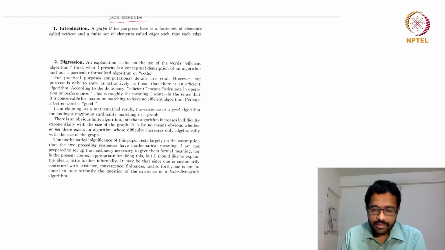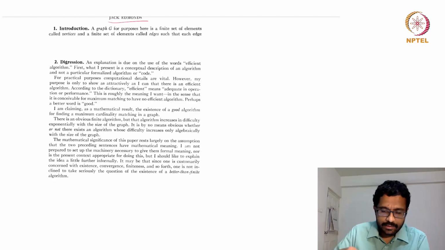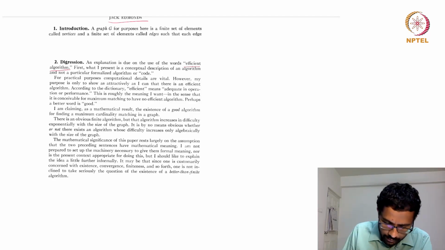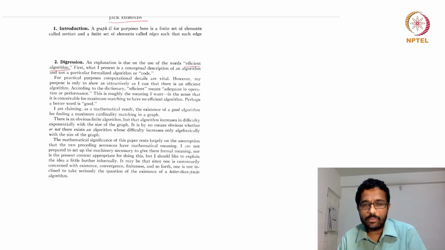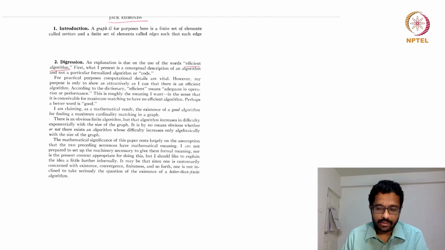He asks, what is an efficient algorithm? An explanation is due on the use of the words efficient algorithm. He says that what he presents is not even pseudocode, but a conceptual description in English, not something that can be readily accepted by a computer. It needs to be programmed. It's not a full-fledged computer program.